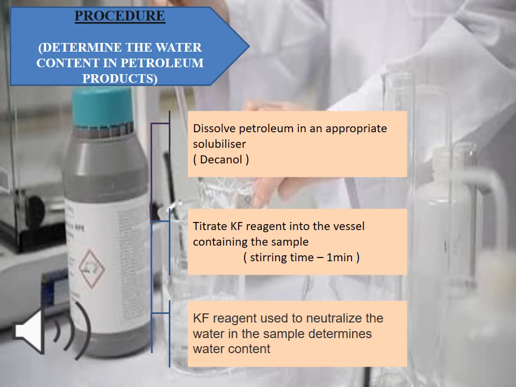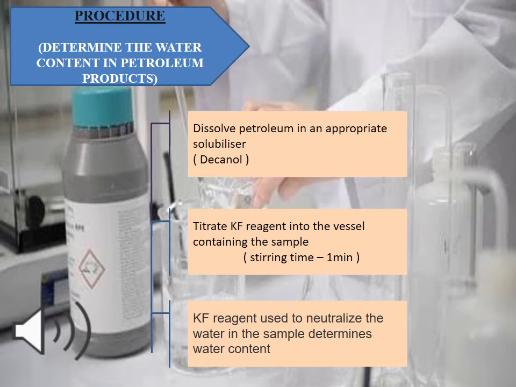So now the first step is that we have to dissolve the petroleum in an appropriate solubilizer. So here we are using decanol. After dissolving it in the solvent, we can see that the water content is extracted.